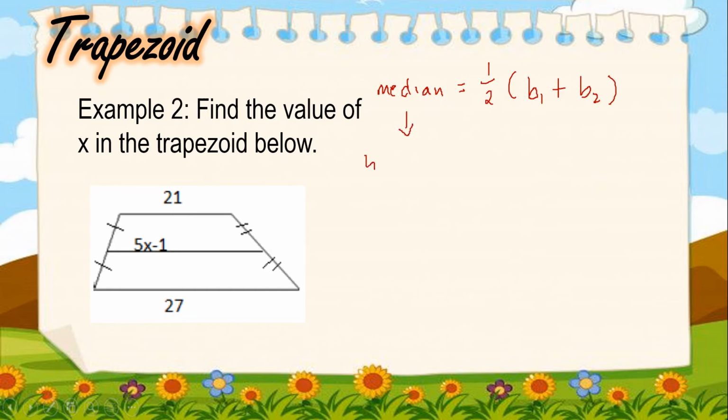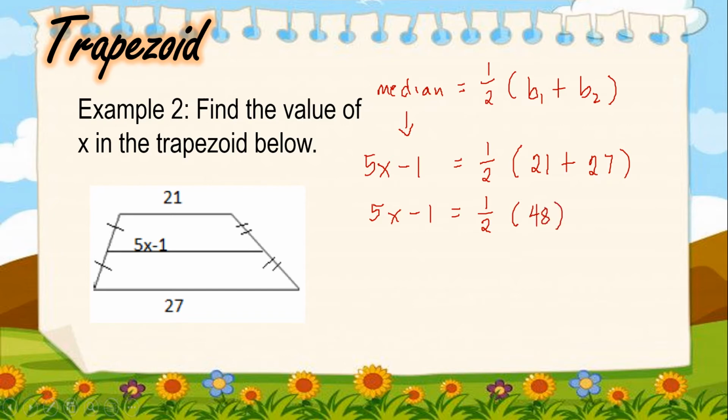Median is equal to 5x minus 1, while base 1 is 21 and base 2 is 27. So we have 5x minus 1 is equal to 1/2 times 21 plus 27, which is 48. 5x minus 1 is equal to 1/2 of 48, which is 24.